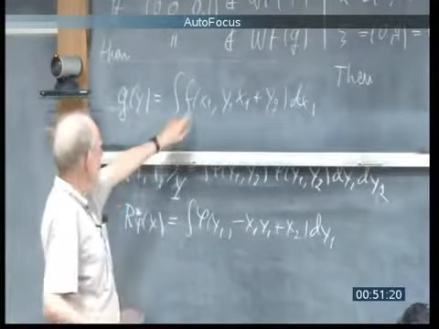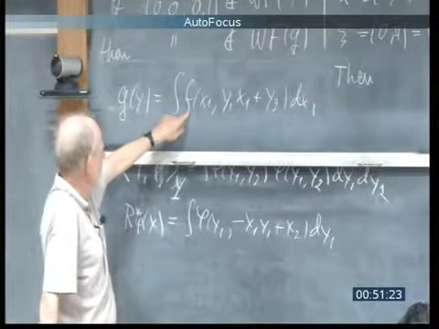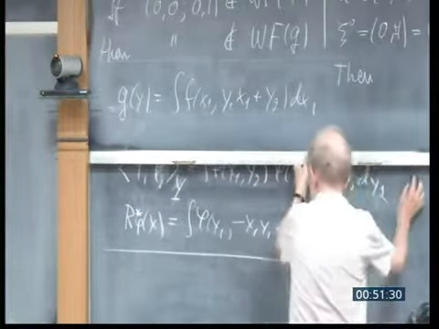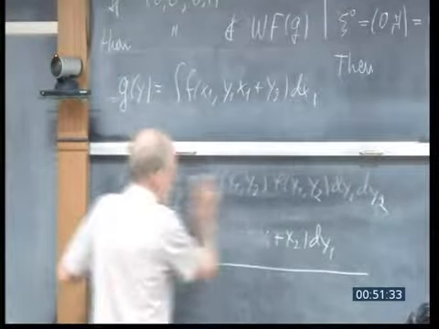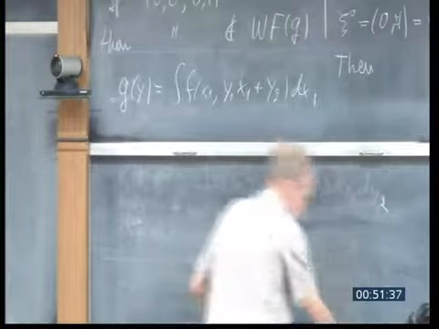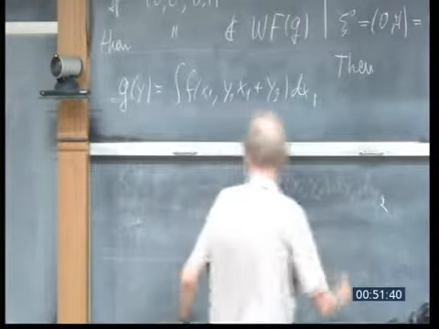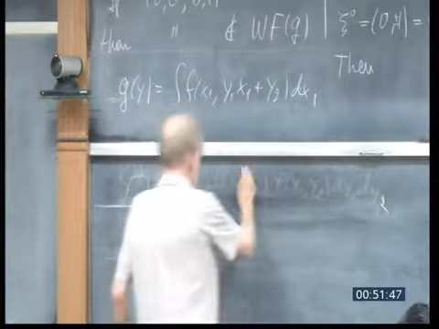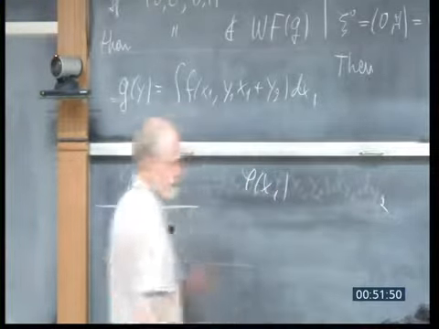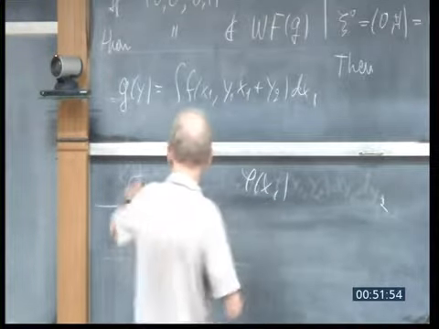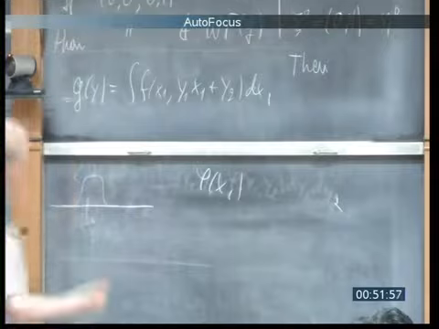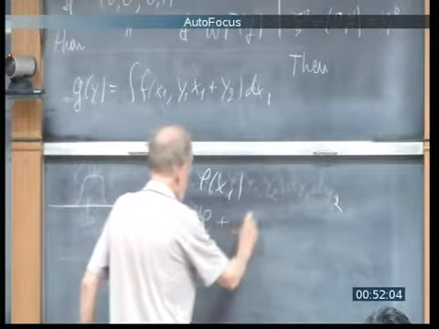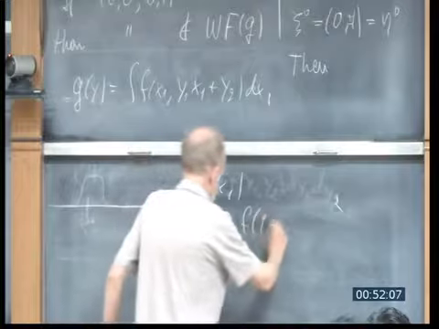Actually, to be precise, I'm going to chop up F in two parts by choosing a function phi of x1 with very small support and equal to 1 close to the origin, and write F equals phi F plus (1 minus phi) F.